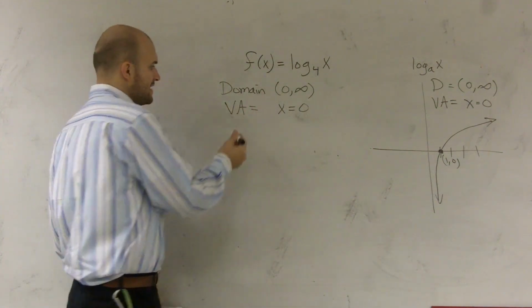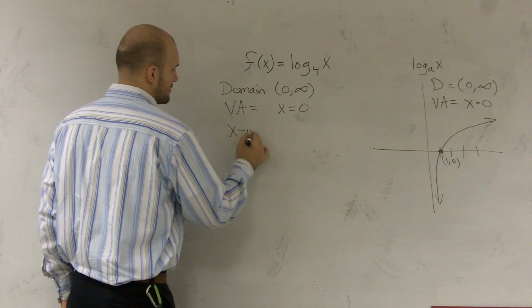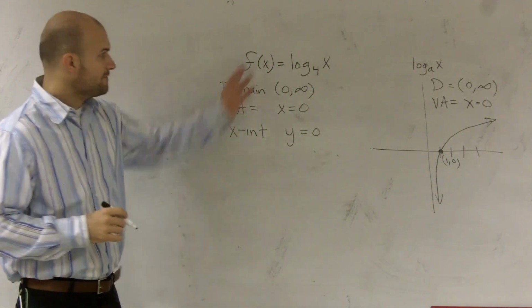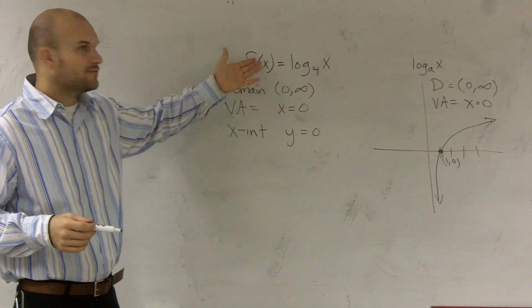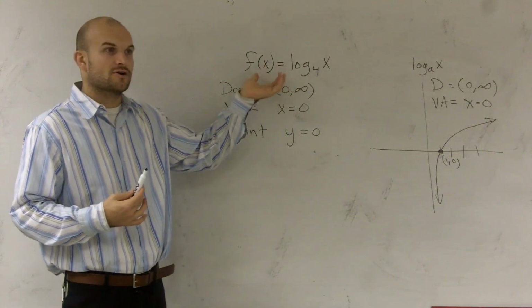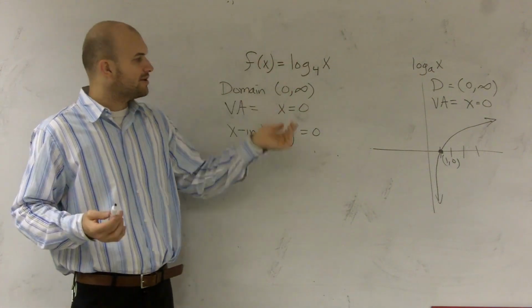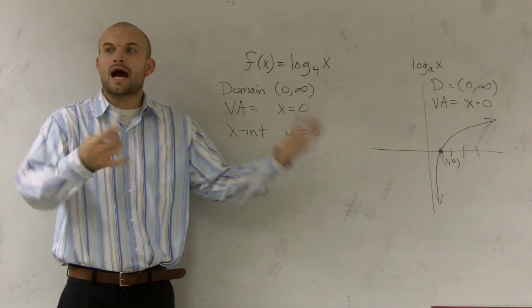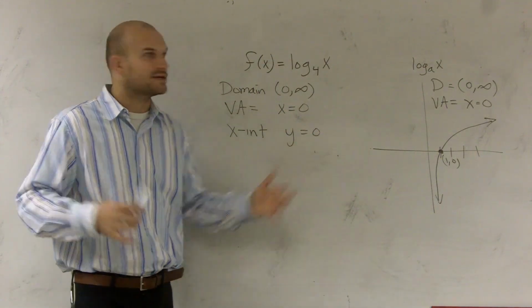So whenever you're trying to find the x-intercept, y equals 0. Our function, we don't have a y, we have an f of x. Well, remember, f of x and y are kind of interchangeable. We're using functions because we're talking about functions, but your y is your output, it's the same thing. I could also write f of x equals 0. It's your output value equals 0.